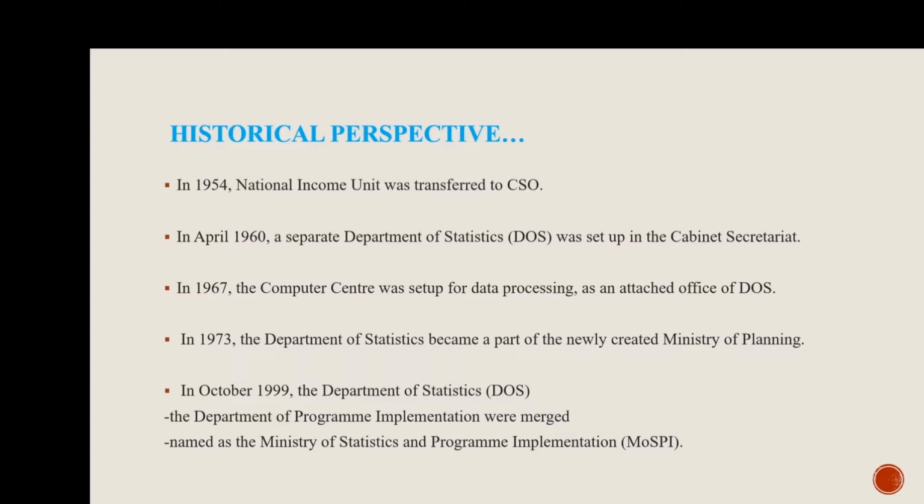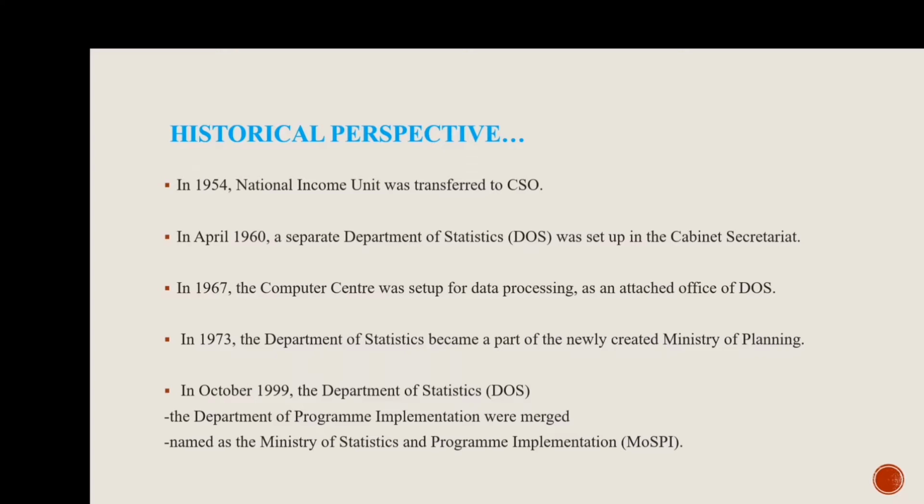In 1954, the National Income Unit was transferred to CSO. In April 1960, a separate Department of Statistics was set up in the Cabinet Secretariat, and the CSO and NSS became its part.